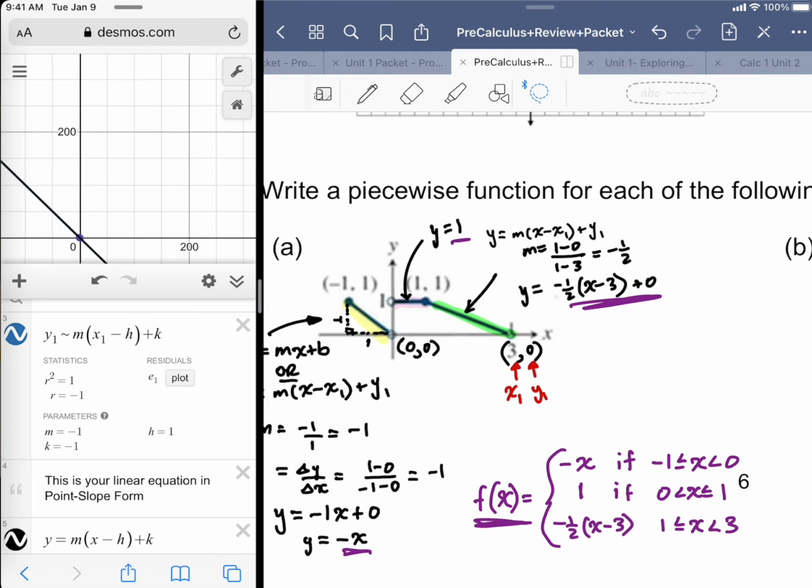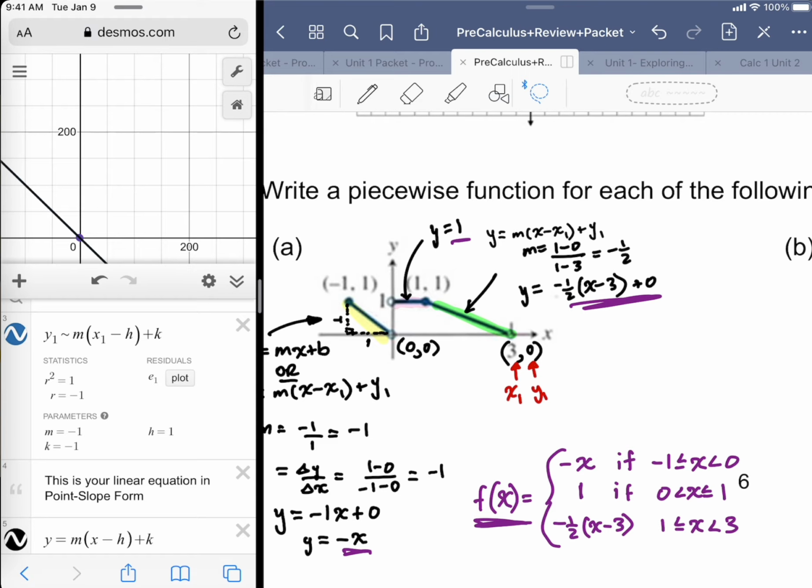We could also do a slope intercept, but the point slope form equation is usually where we want to live. And you'll find as we go through the course, we're going to almost exclusively work with that form of the linear equation. It just looks weird. It created the graph for you, which is wonderful. You see this command here, y1 tilde m x1 minus h plus k.